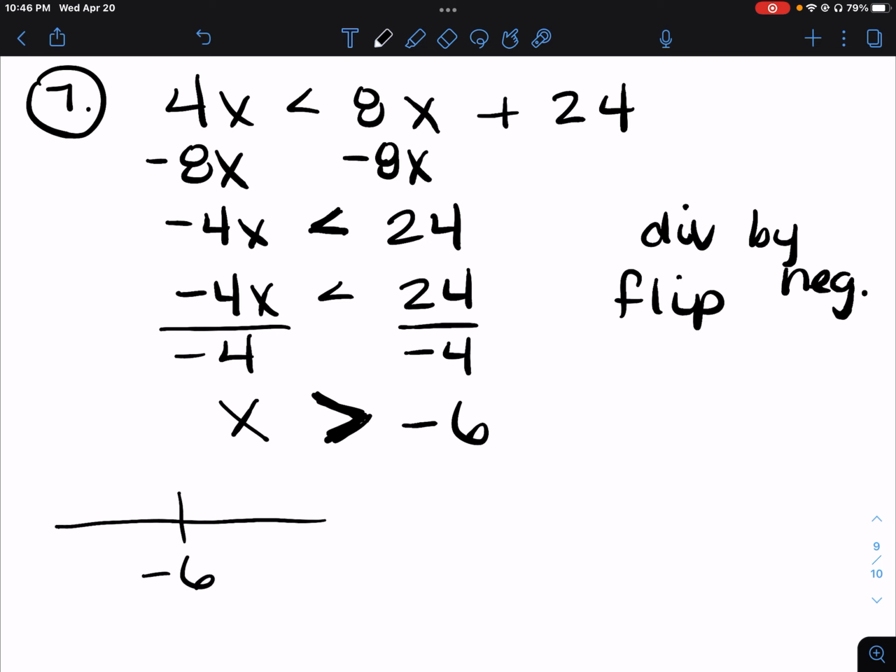We're going to graph it. It's not included, and greater than goes to the right. It's not included, so that's why there's a parentheses.